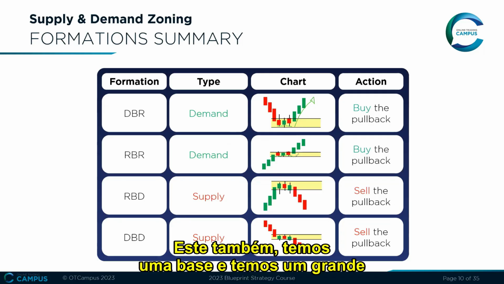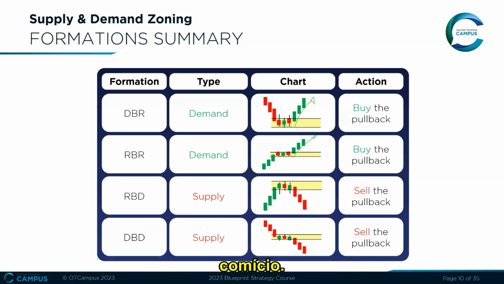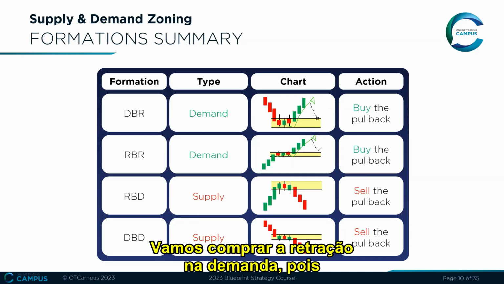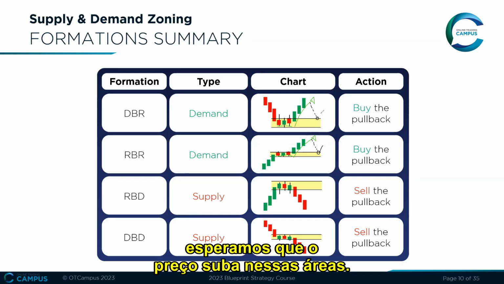This one as well, we have a base and we have a large rally out. And what we're going to do is we're going to buy the pullback into demand, as we would then expect price to rally from those areas.